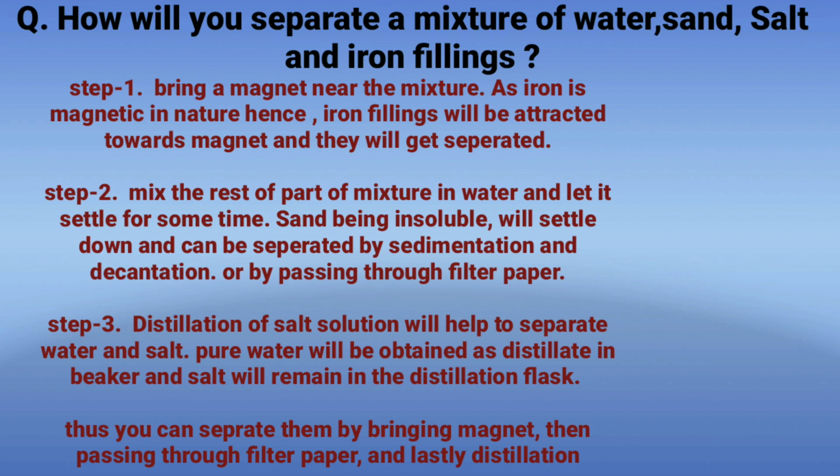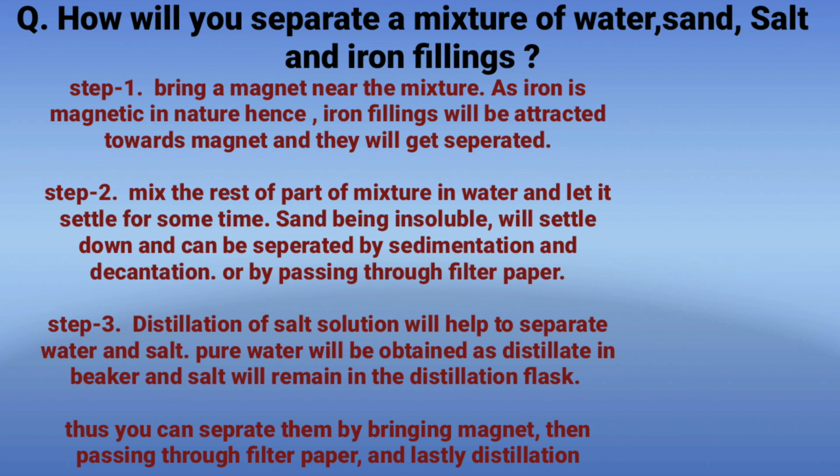Step 2, mix the rest of the mixture in water and let it settle down for some time. Sand, being insoluble, will settle down and can be separated by sedimentation and decantation, or for a faster process you can use filter paper by the process of filtration. Step 3, distillation of the salt solution will help you to separate water and salt.